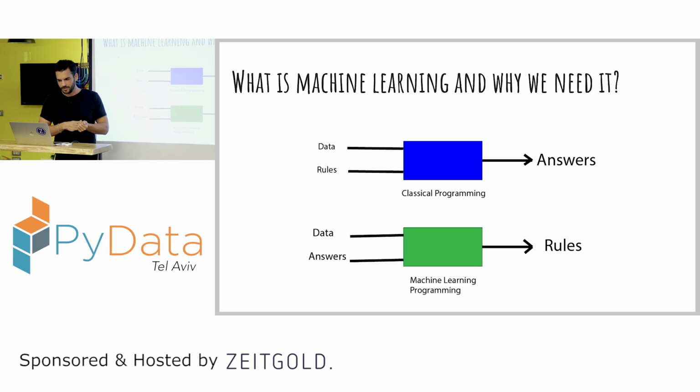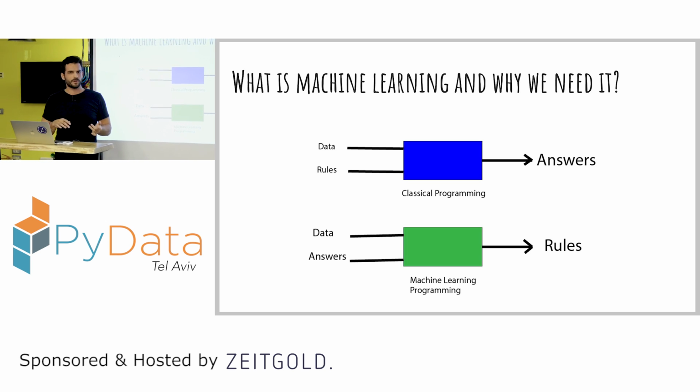An example would be: if some number is greater than 15, we do that, else return something else. Machine learning flips the process. You put in data and answers, and you extract rules.